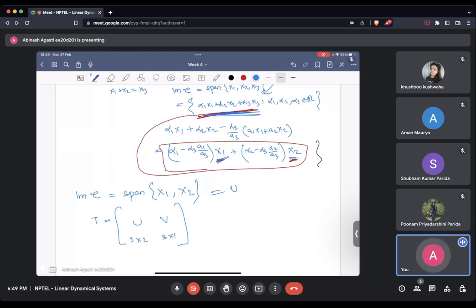Now T is invertible if it is full rank. So what is the rank of U? Rank of this matrix?